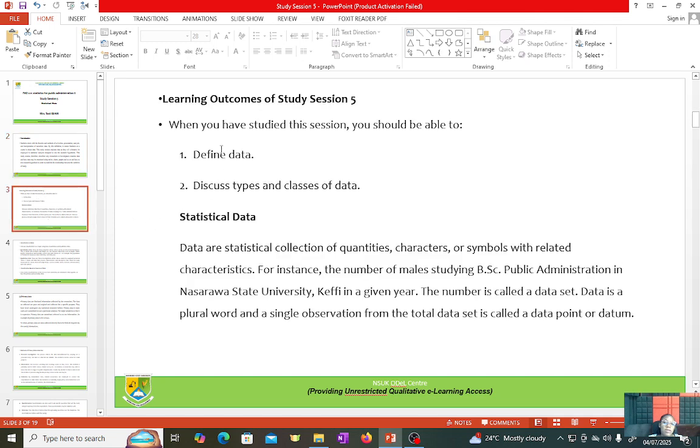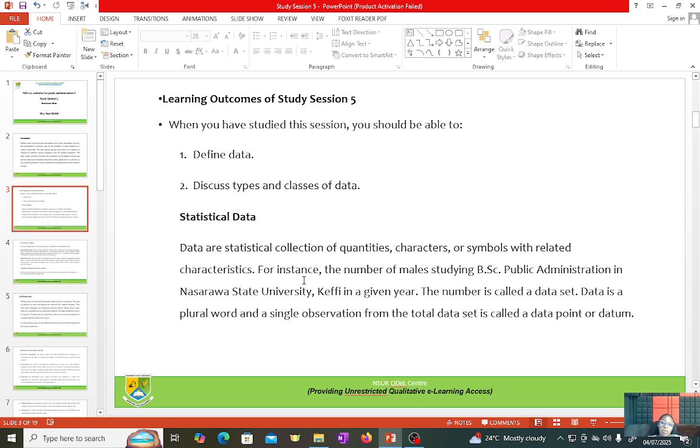At the end of this study session, we should be able to define data and also discuss the types and classes of data. Statistical data is a collection of quantities, characters, or symbols with related characteristics.